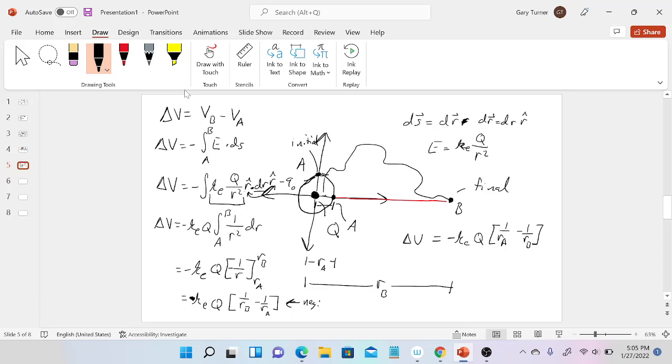Okay, so we've got 1 over RA minus 1 over RB.